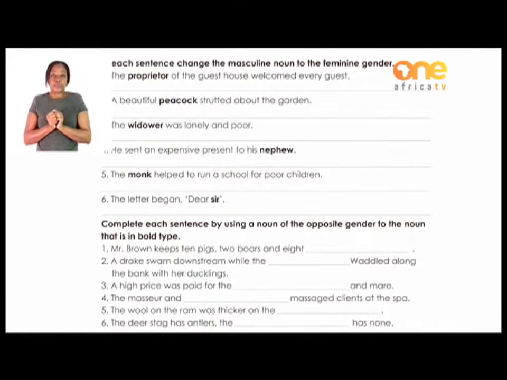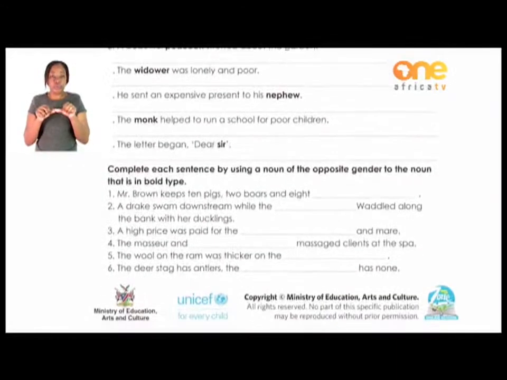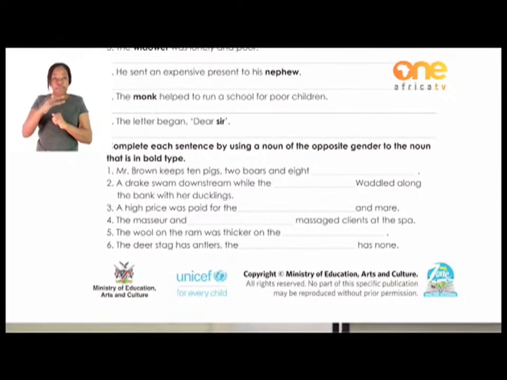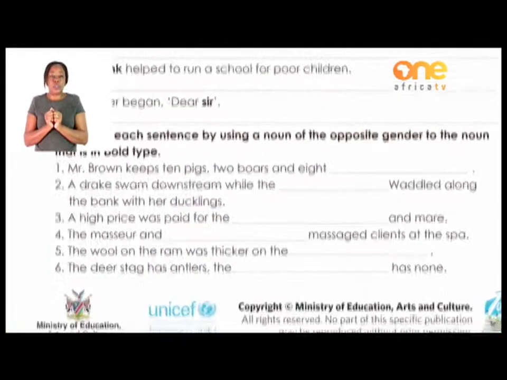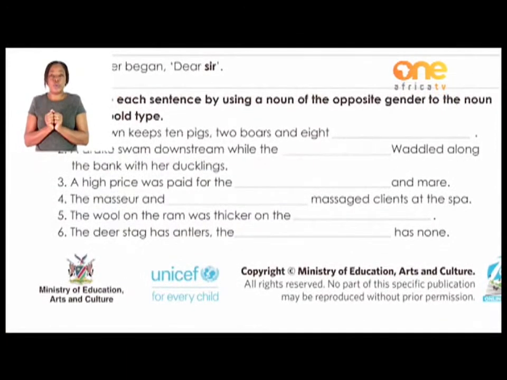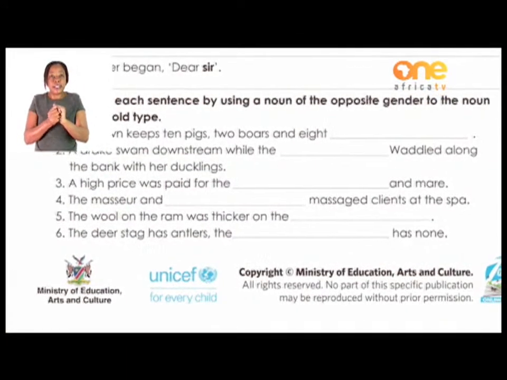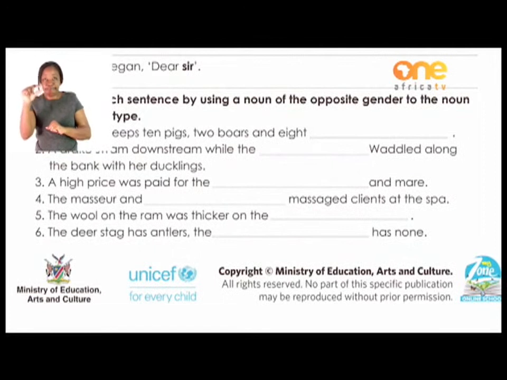Okay, so we continue with the third exercise. Now we are going to change as well. We are going to complete the sentences by using a noun of the opposite gender to the noun that is in bold type again. So we have the same exercise also there.